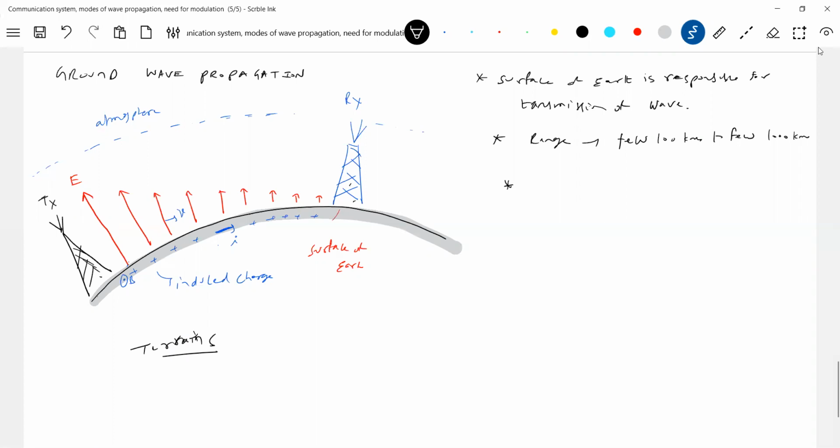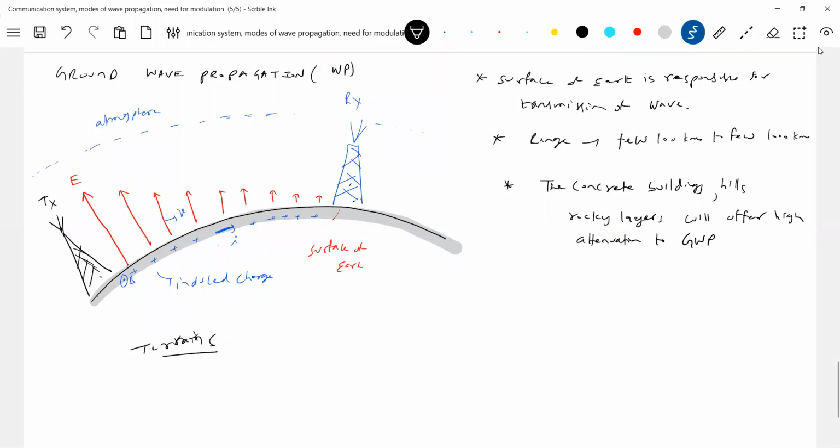Concrete buildings, hills, rocky layers, all these will offer high attenuation to ground wave propagation.